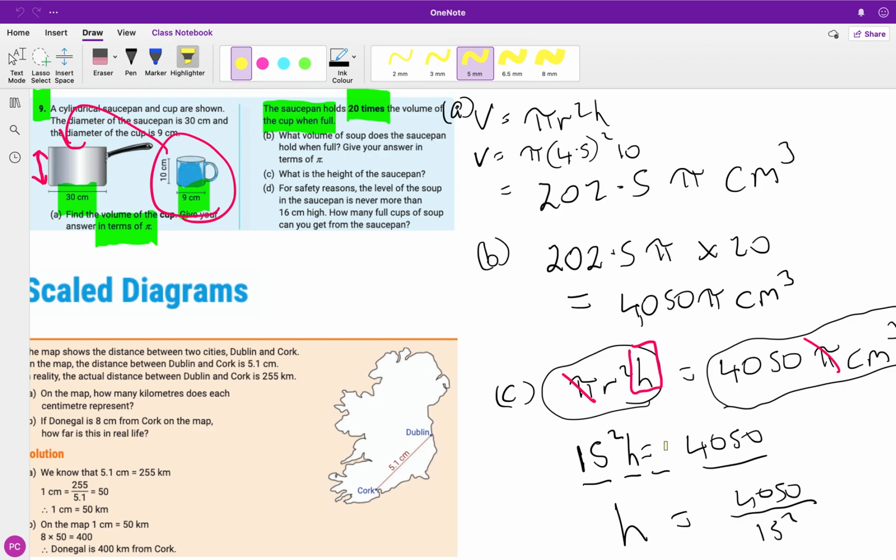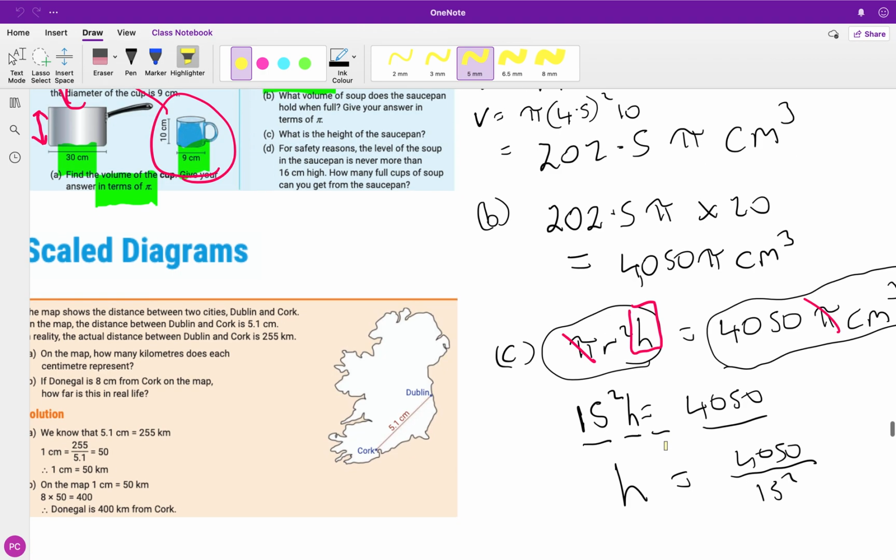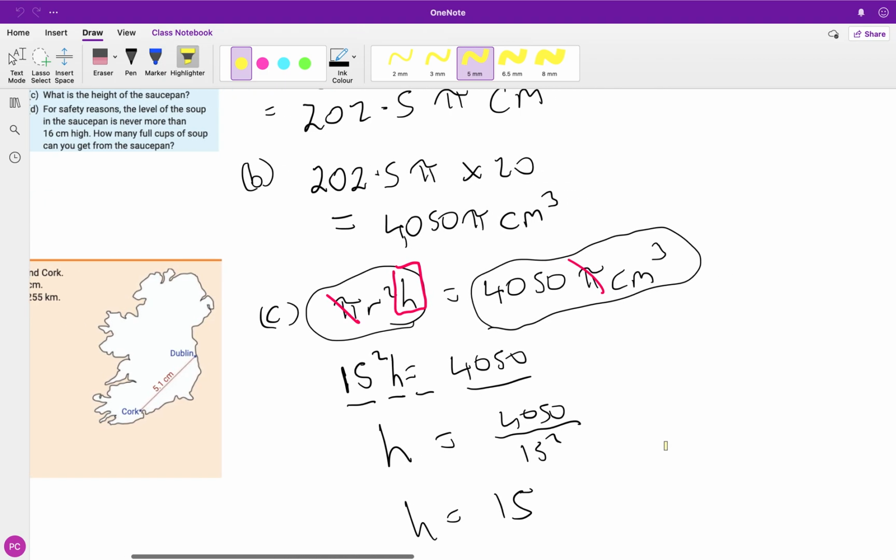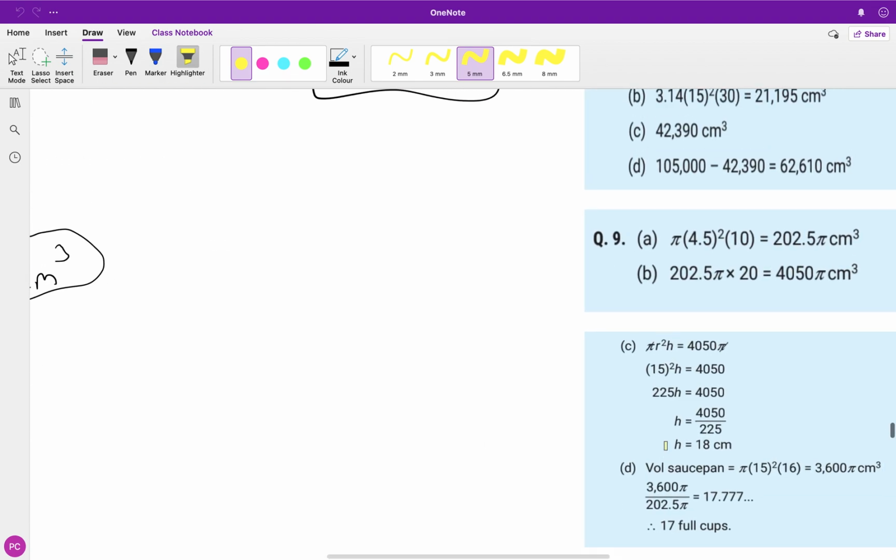Or you can square the 15 on the left first before you bring it over to divide it in. When you work that out, doing it quickly on the calculator, h is equal to 15. 4050 divided by 15 squared gives you 15.